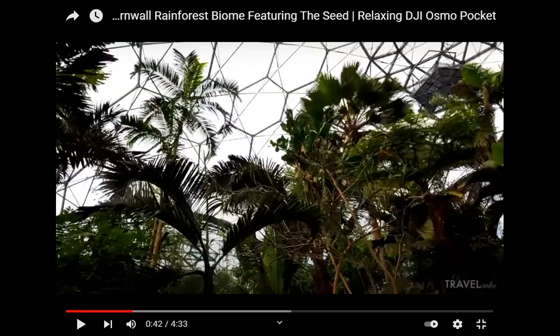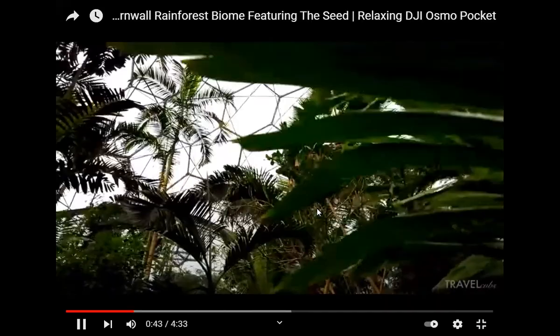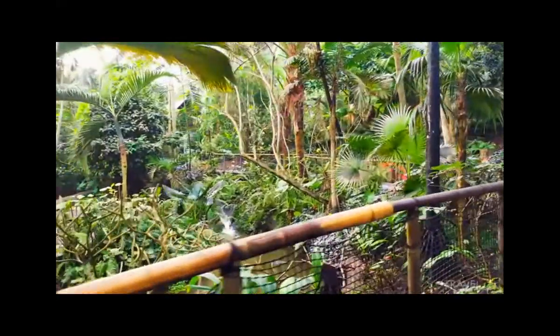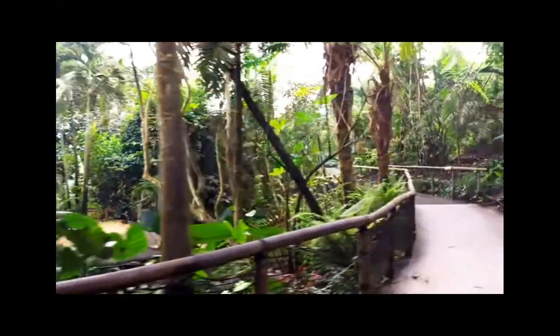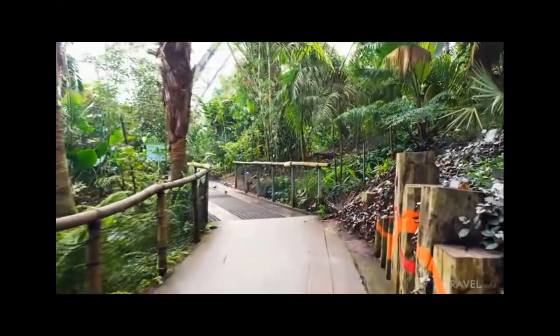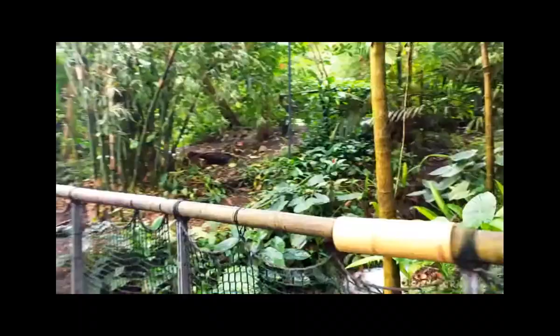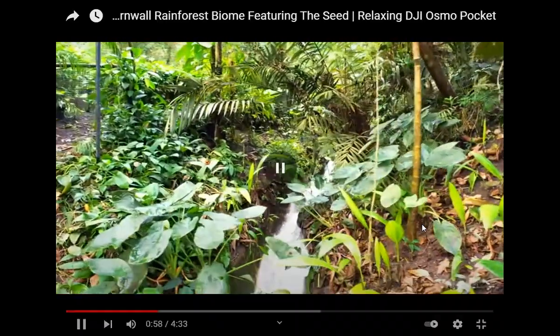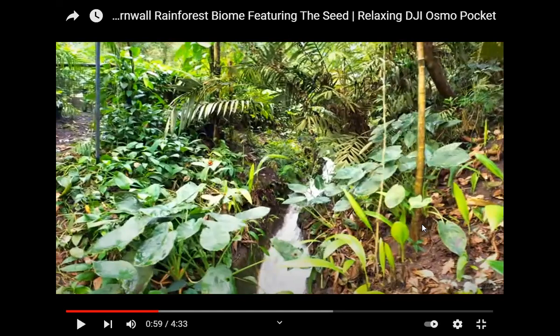Also, this is an example about a river. So here, what can you see? River and waterfall.